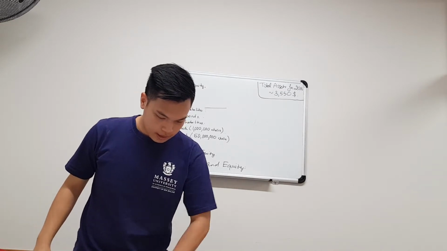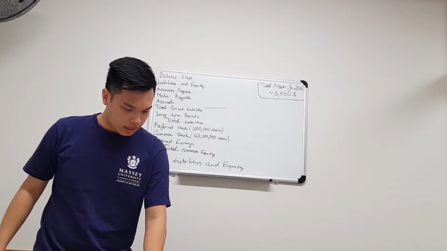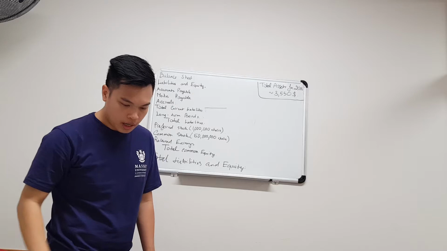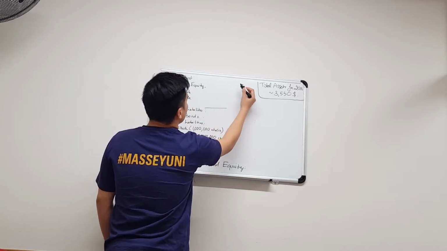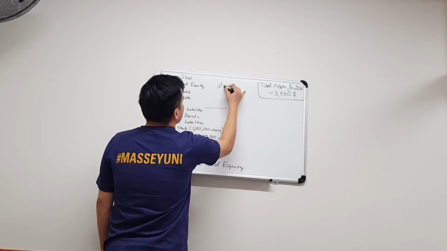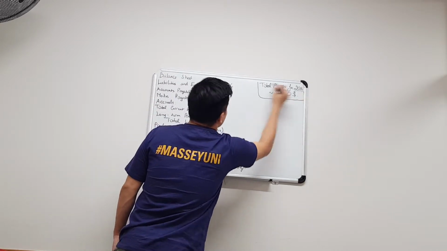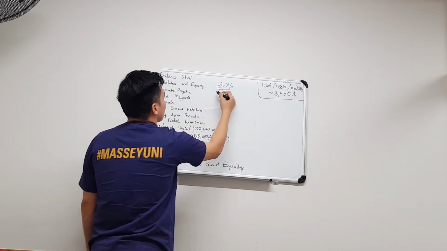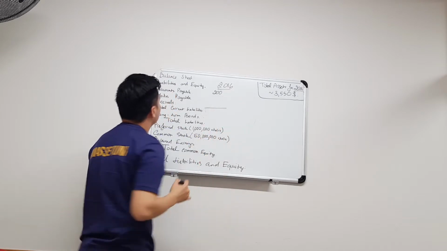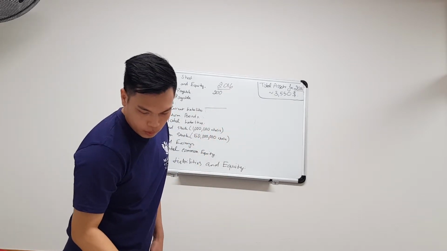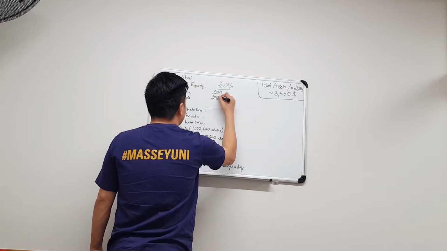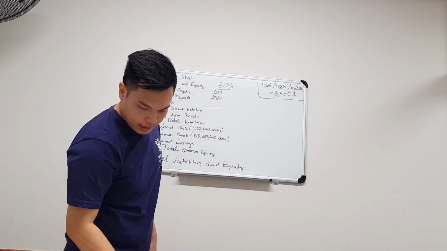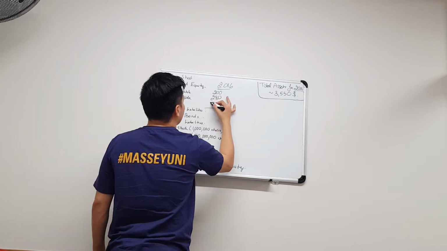Definitely. For example, in this book, we have accounts payable of 200 for 2016, the same year. Notes payable, we have 280. Accruals, we have 300.